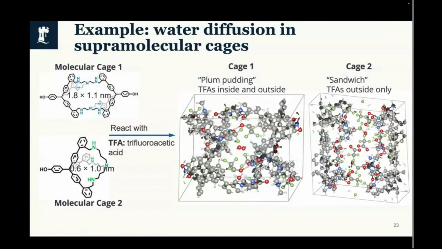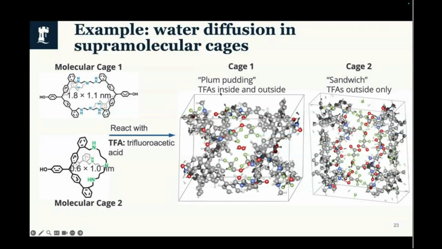So I'm interested in how the molecules diffused are moving inside these cages. As you can see, although they start from similar molecular cages, because the molecular cage has a different pore size, it resulted in very distinct structures of the supramolecular cages.